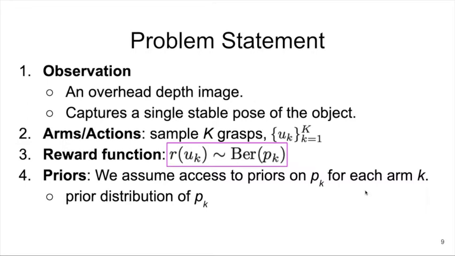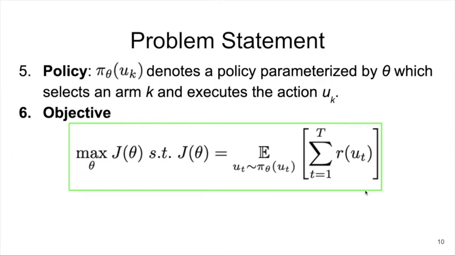Fourth, we assume access to priors on the Bernoulli parameter p_k for each arm k. The prior distribution of p_k is denoted as the prior. Fifth, let pi_theta of u_k denote a policy parameterized by theta, which selects an arm k and executes the corresponding action u_k. Therefore, pi_theta of u_k defines a distribution over the action space at any given time step t.